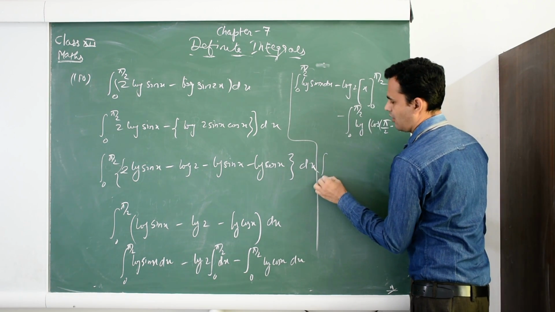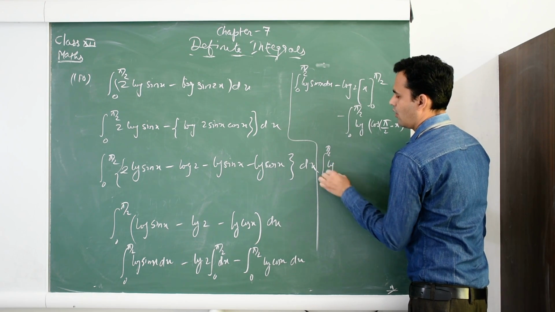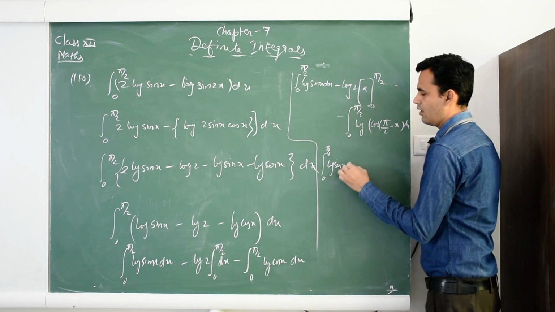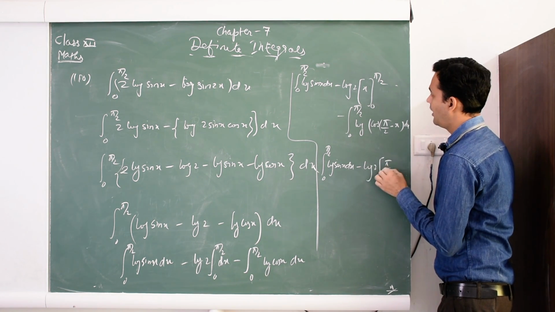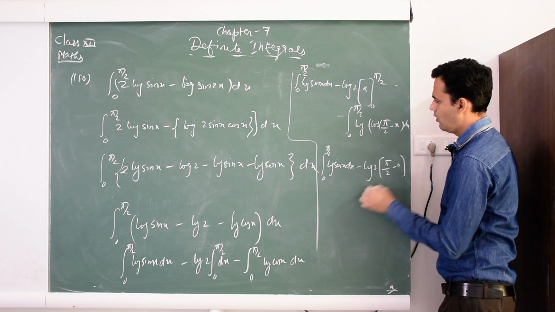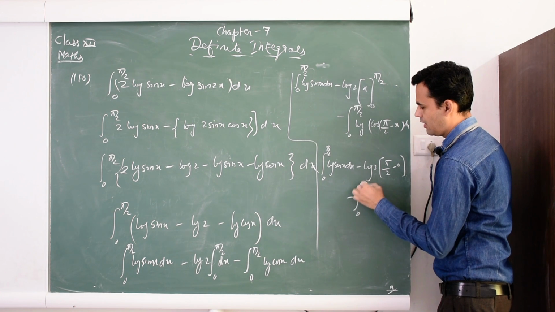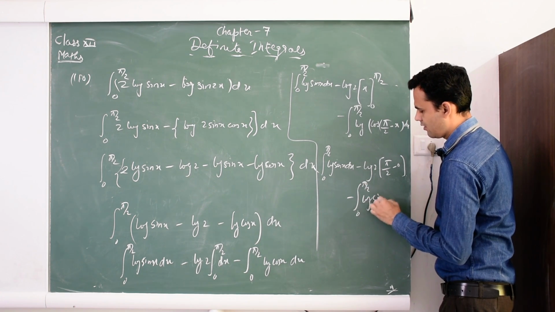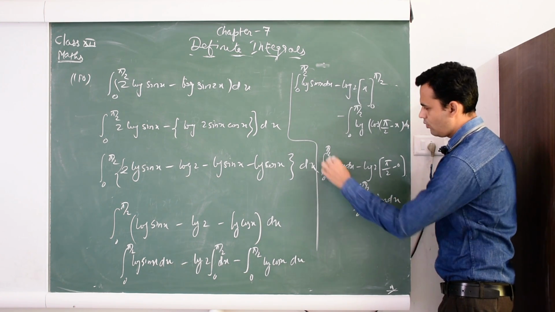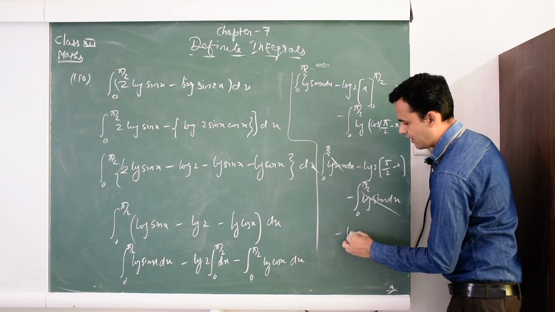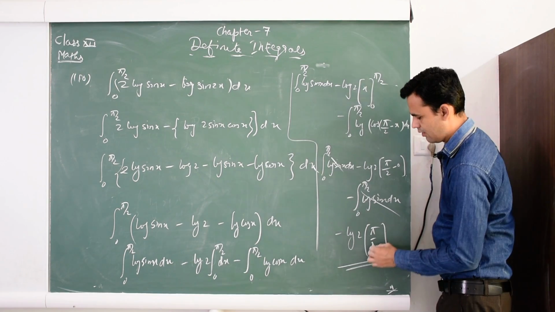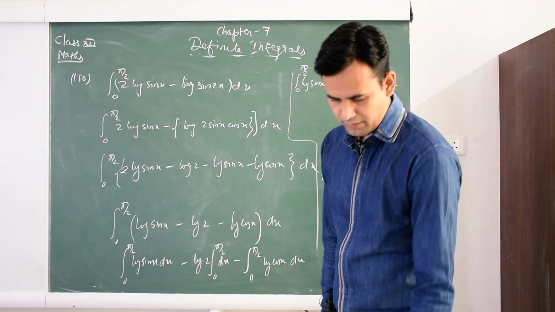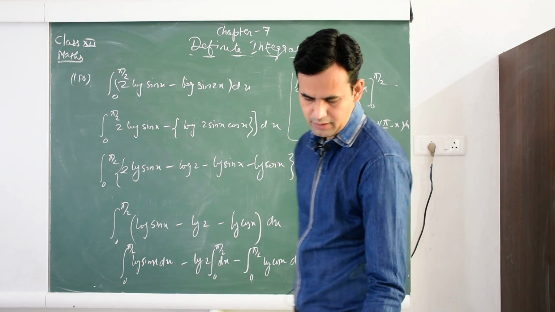So, in the next step, the integral of log sin x dx minus log 2 times (pi by 2 minus 0) minus the integral of log sin x dx. These two cancel. So, we get minus log 2 times pi by 2. This is the answer.